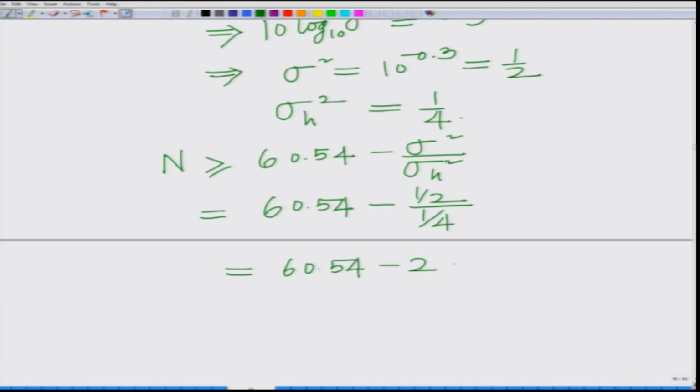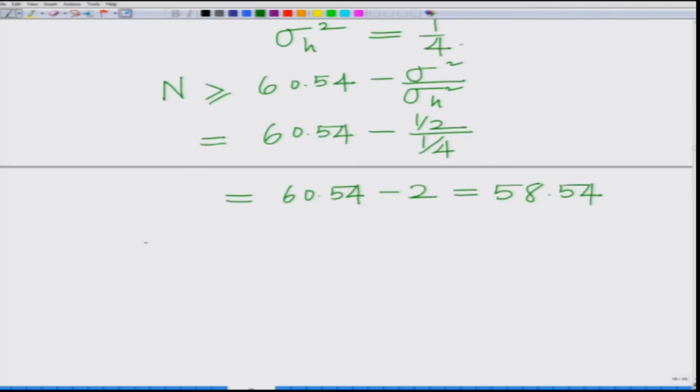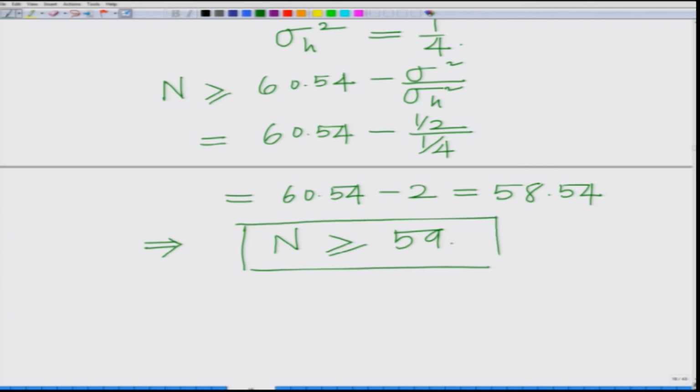So, this is 60.54 minus 2, that is 58.54, which implies that since we have an integer number of samples, n has to be greater than or equal to 59 samples basically. That is what we have derived. n has to be greater than or equal to 59.